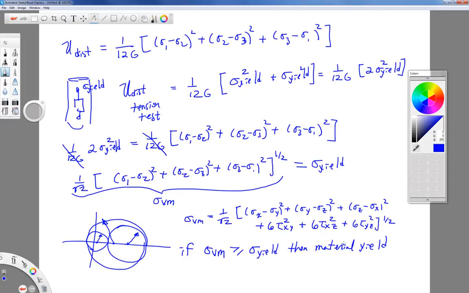If you're manufacturing something, you may want it to yield, so you may want it to be above this level of stress, like stamping out door panels for a car. Or, in some situations, you want to be well below the yield stress of the material. It's also important to note that if you yield the material, Hooke's law that relates stresses and strains no longer applies. You have more sophisticated stress-strain relations after that material yields.